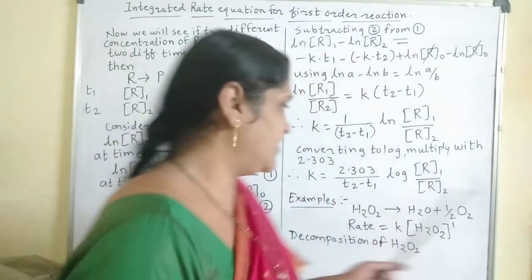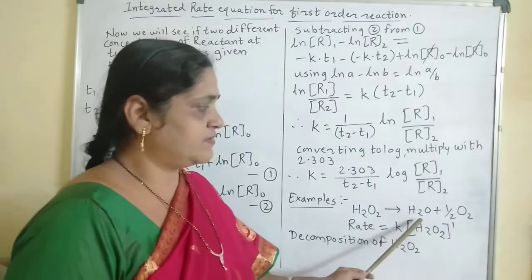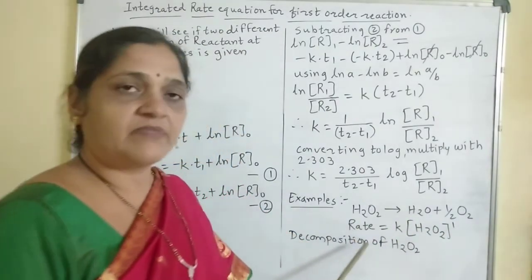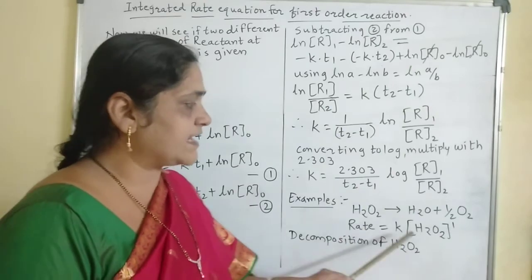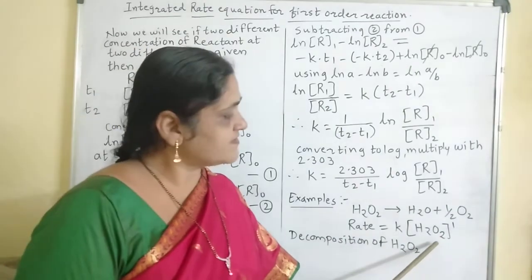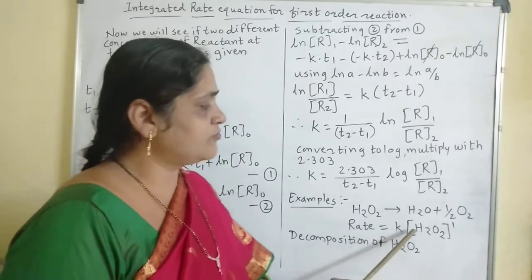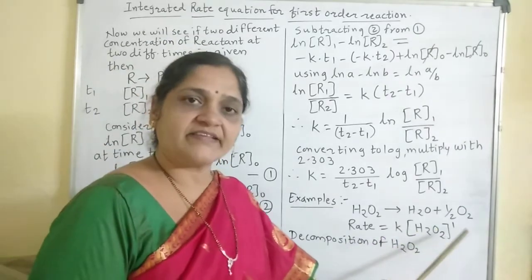So here hydrogen peroxide will produce water and oxygen gas. But when we check the rate of the reaction, it entirely depends upon the concentration of hydrogen peroxide only. So rate is equal to K into concentration of H2O2 raised to 1.